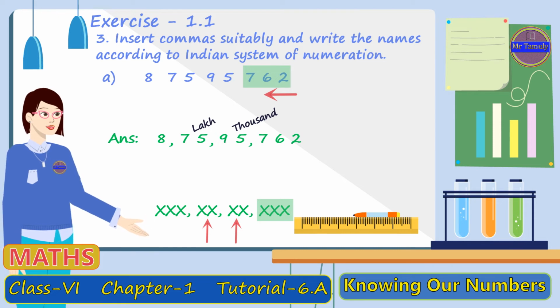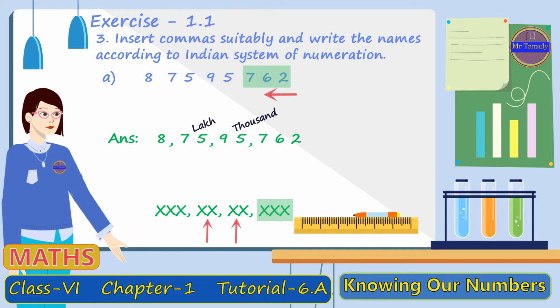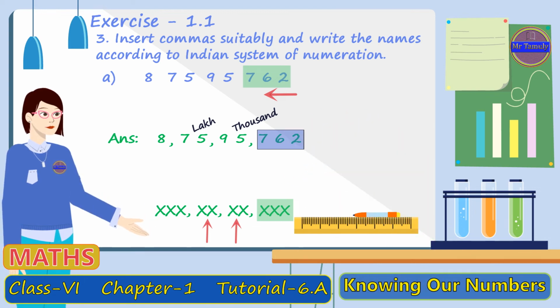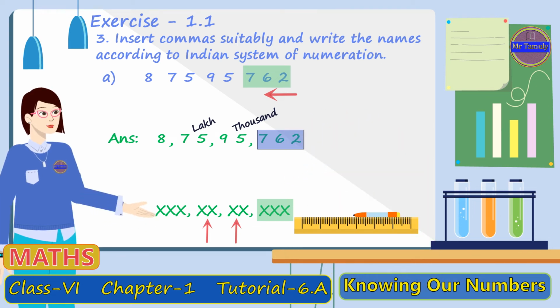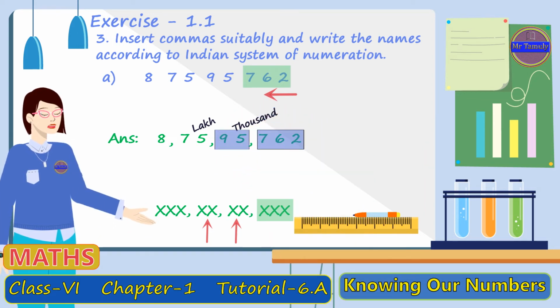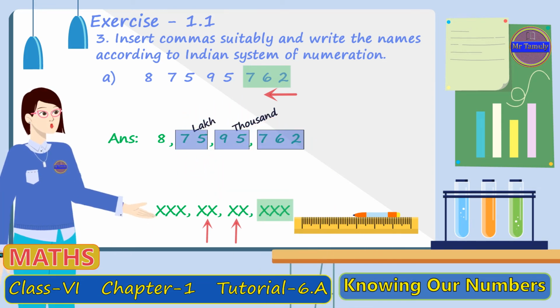Now we are done with placing the commas in their correct positions as per the Indian format. As you can see, we have separated the first three digits with a comma. These three digits are the positions of 100, 10 and 1. The fourth and the fifth digits are called thousand. The sixth and the seventh digits are called lakh. And the remaining digit or digits are called crore.